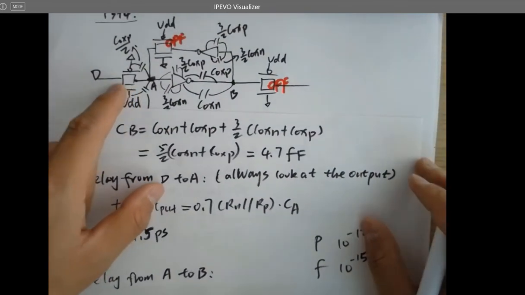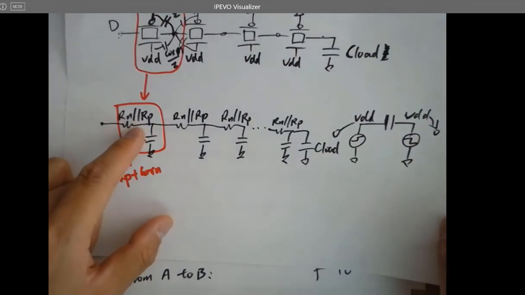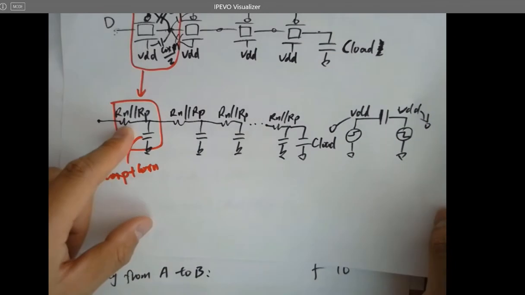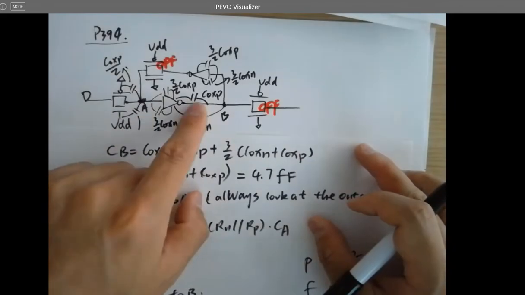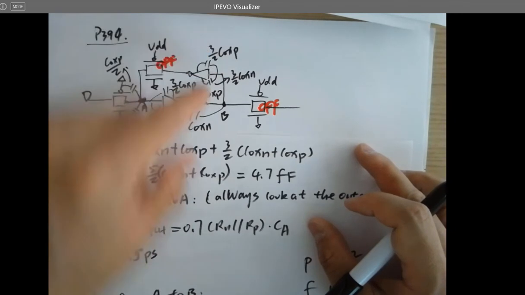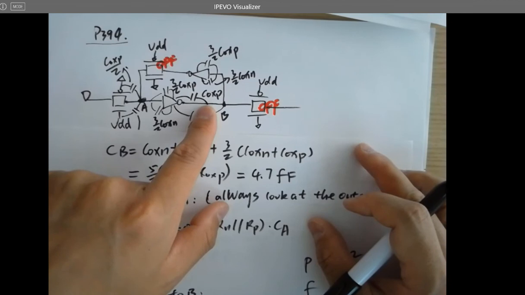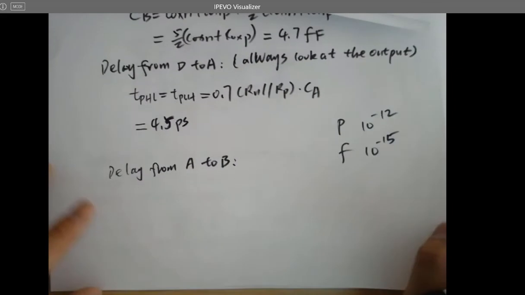The transmission gate is modeled as the parallel resistor of Rn and Rp, so it doesn't matter whether it's TPHL or TPLH, it's always running through this resistance. But from A to B, it's running through an inverter. Actually, two inverters. So for TPLH, which type of transistor is taking effect? LH is PMOS, HL is NMOS. So I have to calculate it separately.